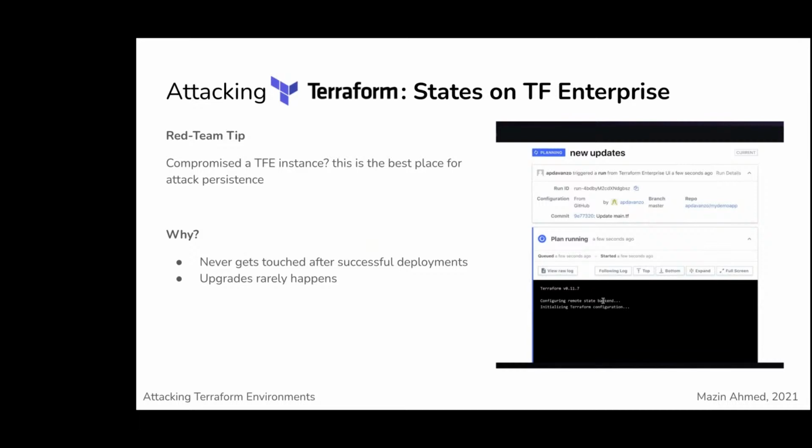Most of the updates are not as critical as to take someone to go and update it, so people typically ignore it. If you compromise a Terraform Enterprise instance, it would be a great place to store your attack persistence. Oh, by the way, it comes pre-installed with almost every single tool that you would need by default.